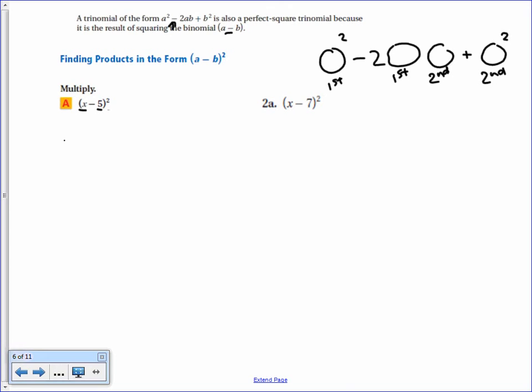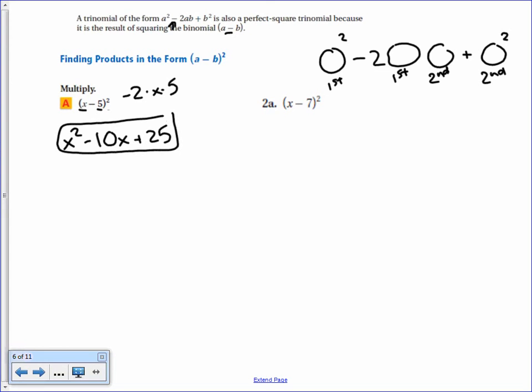So we're going to square the first. That gives me x squared. Minus 2 times the first times the second. So negative 2 times x times 5, that's going to give me a negative 10x. And the second one squared, so 5 squared, will give me a positive 25. Okay, there's my answer for that one.